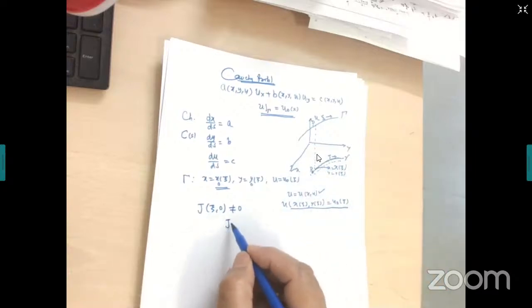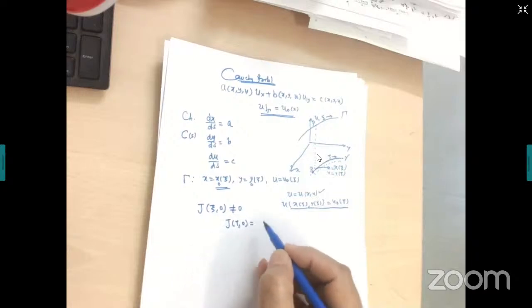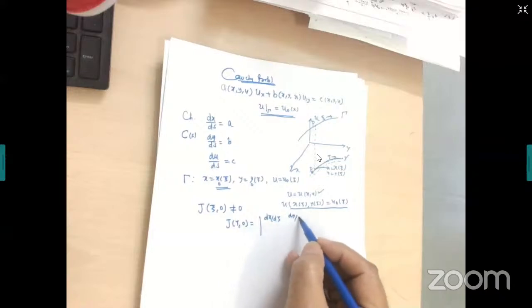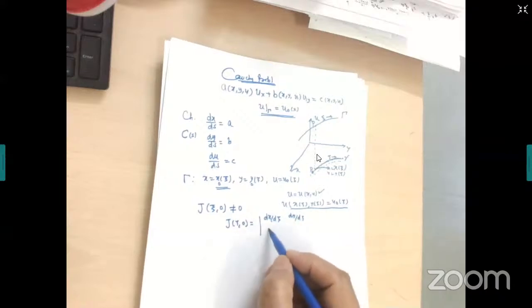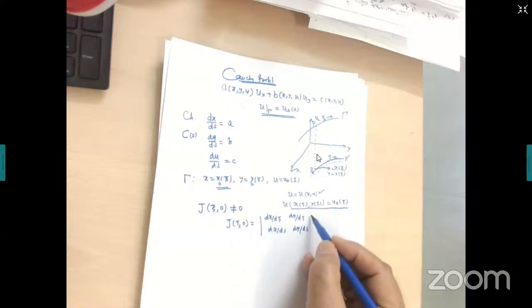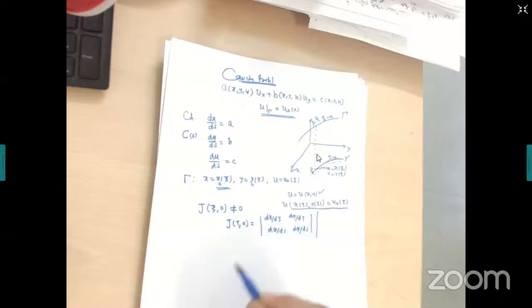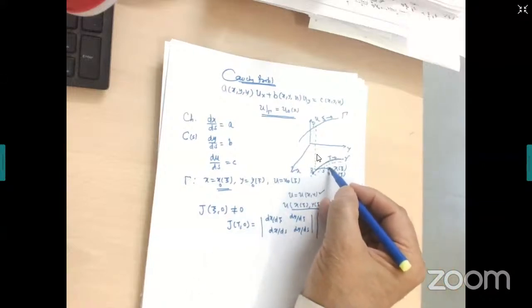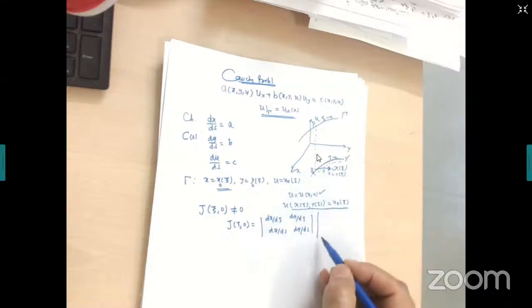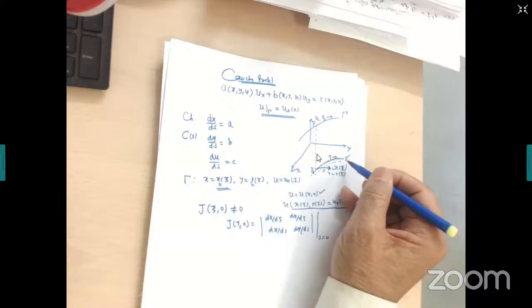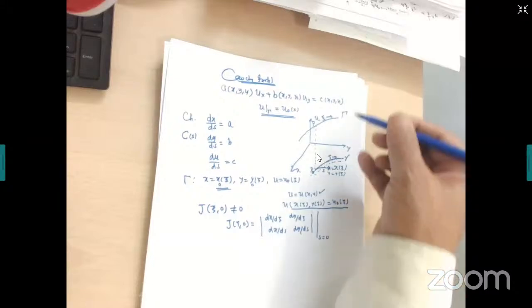So what is your J at xi naught? J at xi naught is nothing but the determinant of dx/dxi, dy/dxi and dx/ds, dy/ds, evaluated at s equal to 0. S is the distance measured along this characteristic curve, so I will write s is equal to xi. S equal to 0 means it is on small gamma, which is the projection of gamma.